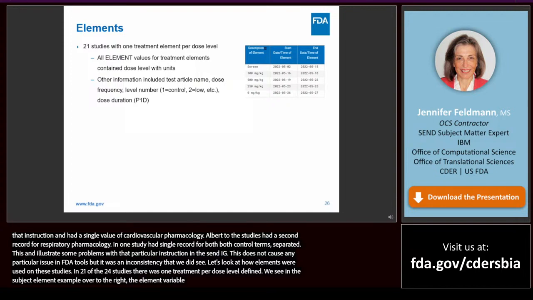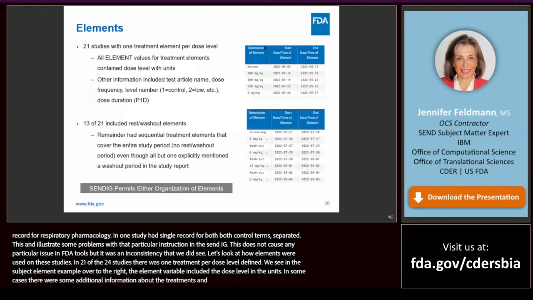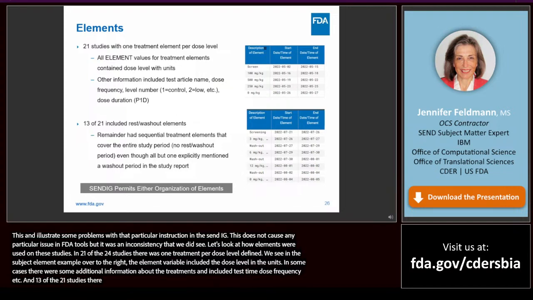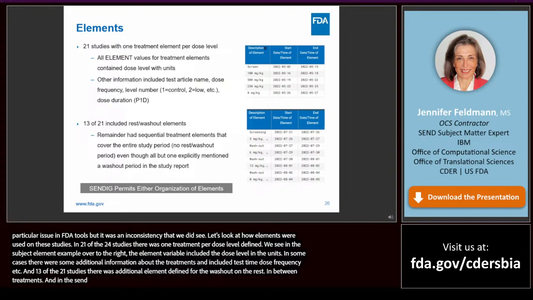In some cases, there was some additional information about the treatment, such as test article name, dose frequency, etc. Then in 13 of those 21 studies, there were additional elements defined for the washout or the rest period in between the treatments. And in the SENDIG, it appears that either of those are acceptable definitions of the elements, and both of these are usable in the FDA tools.